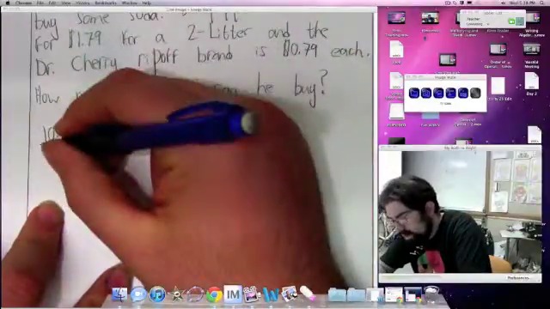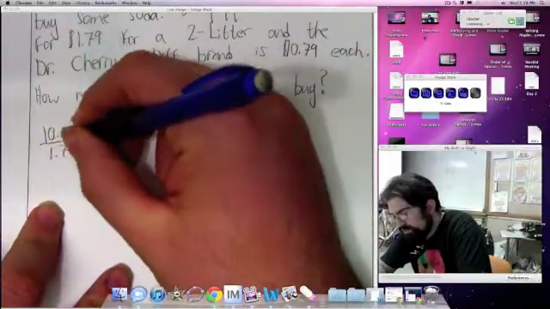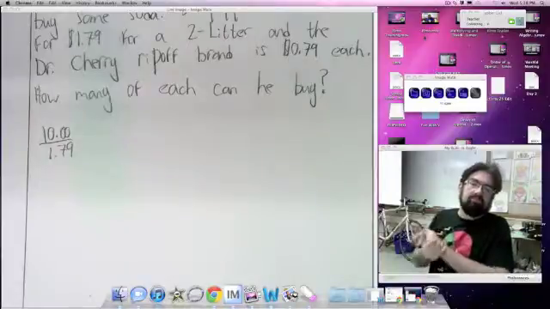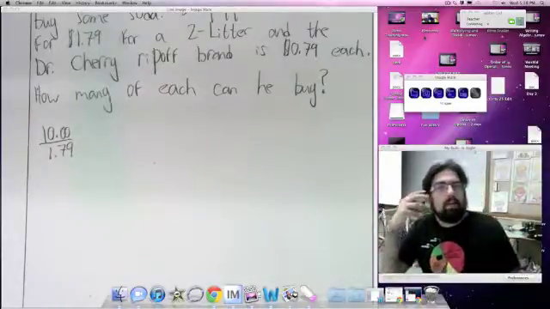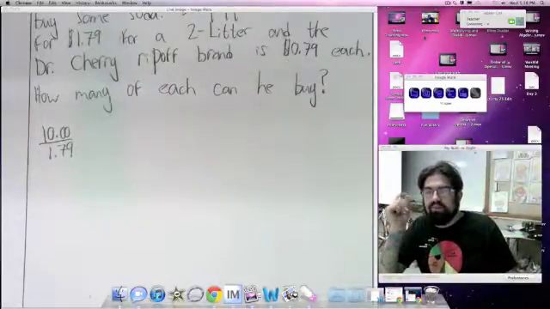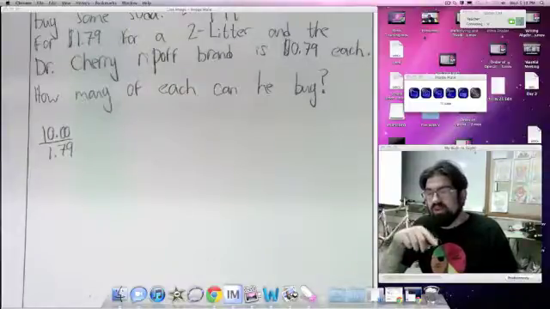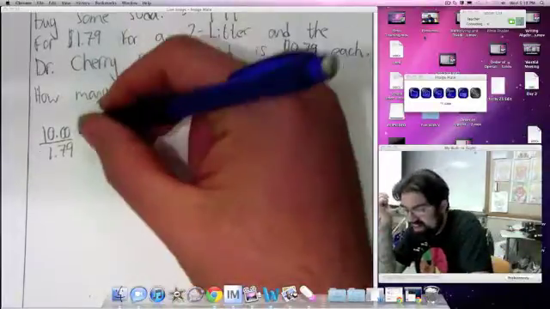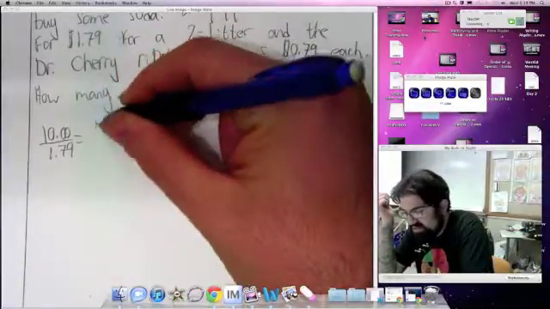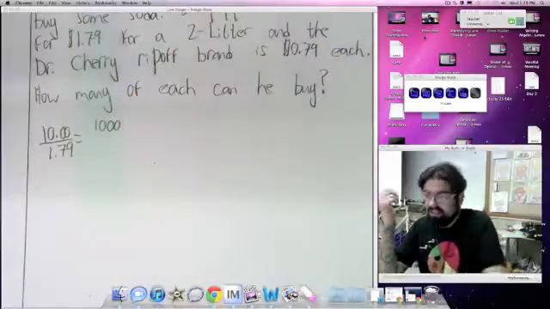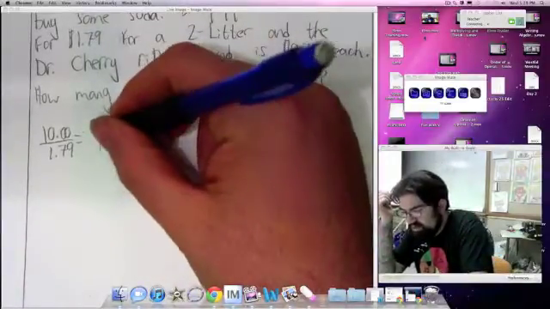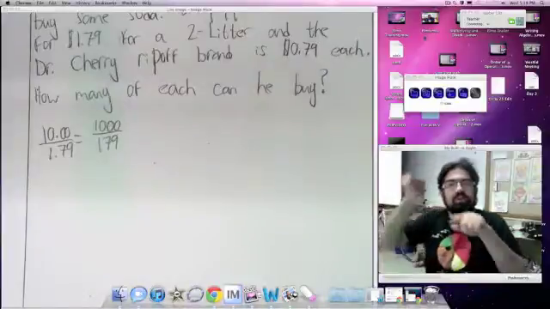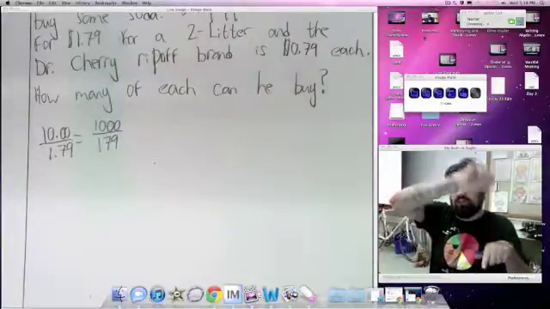That is $1.79. So here we go. Back in decimals and dividing, I showed a way of dividing, and I'm going to do it right now. I'm going to change it to 1,000 divided by 179, because remember I moved the decimal 2 times on the bottom, 2 times on the top.